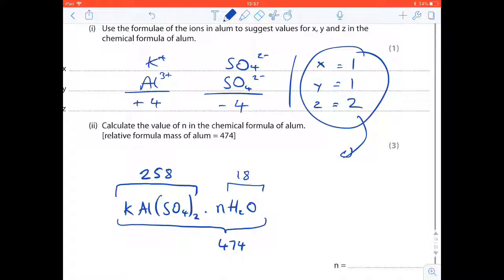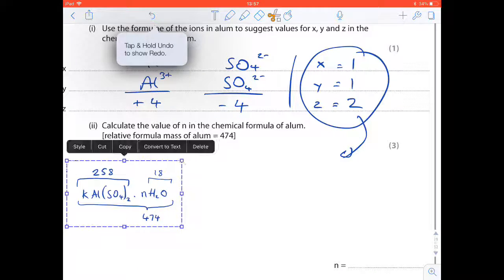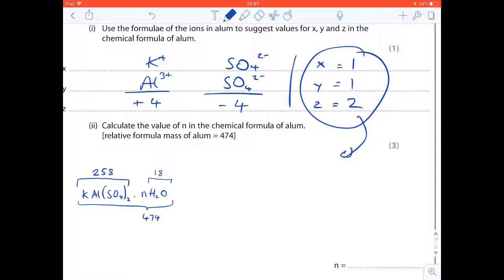So effectively the multiplication sum you're working out, if you like, is all of that. We can say that 474 is equal to 258 plus n lots of 18.